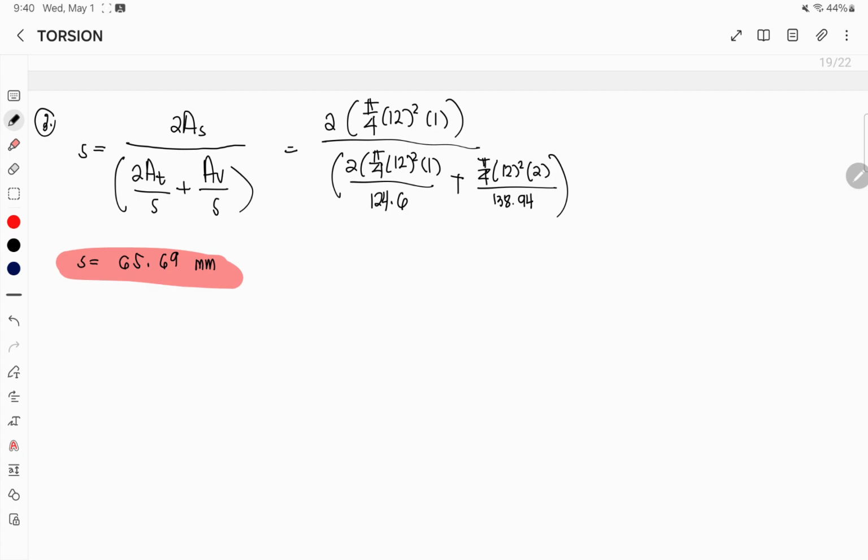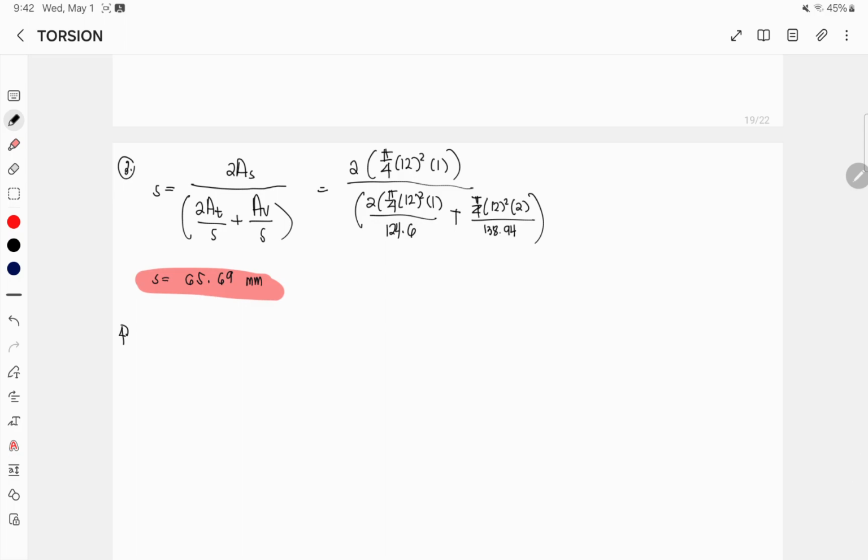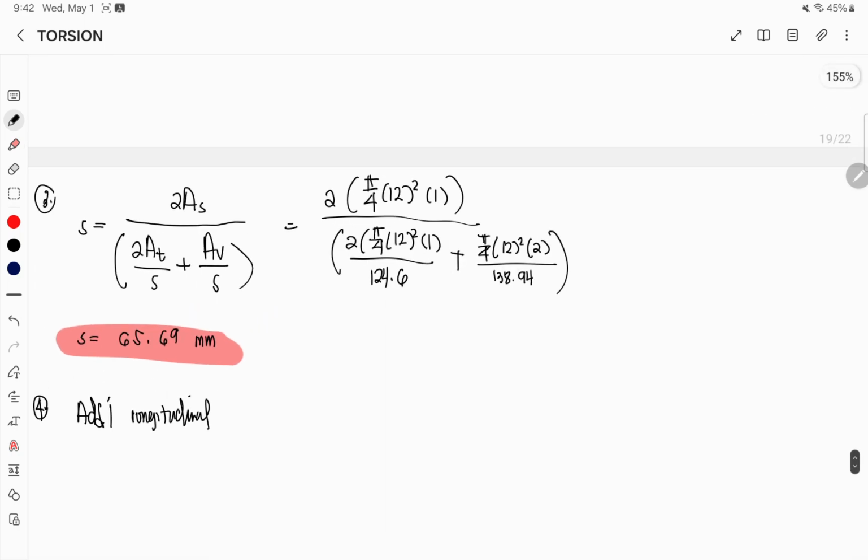And then, for the last number, for number 4, additional longitudinal reinforcement, call this AL. Pangit ang sulat ulit.